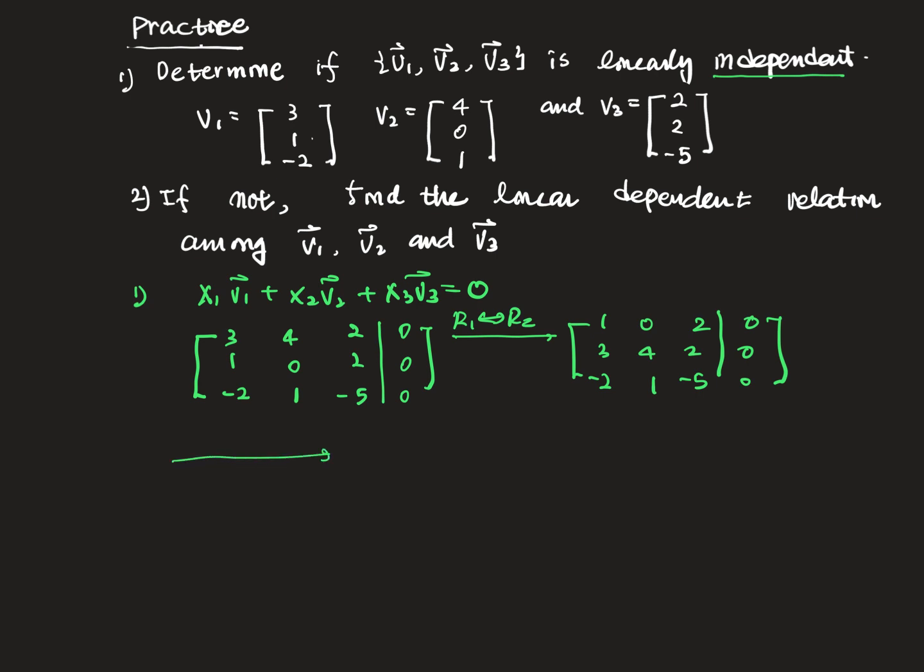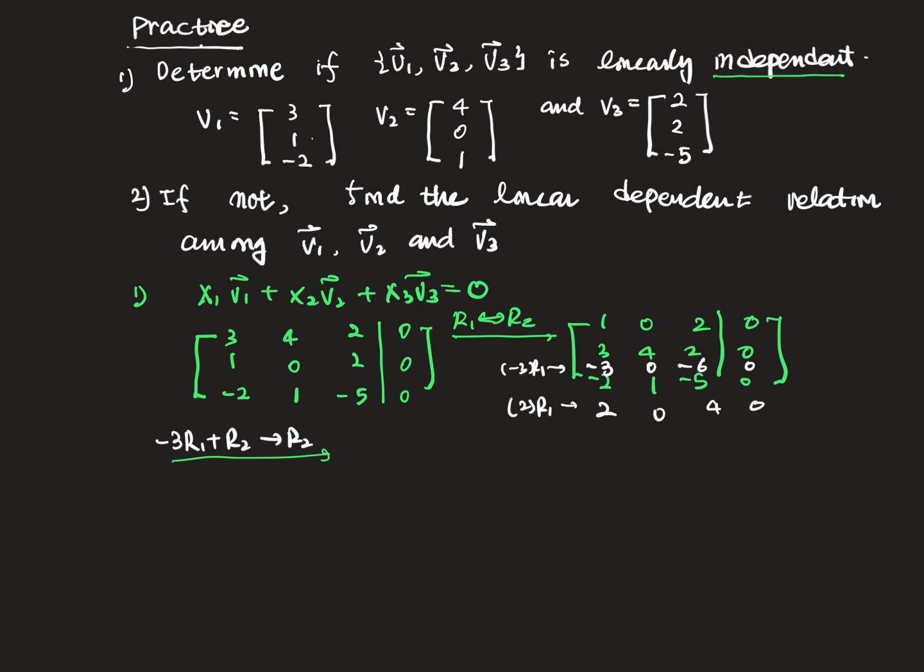So we're going to make the entries below the pivot 0. What you need here is negative 3R1 plus R2 going to R2. So negative 3, 0, negative 6, and 0. For the third row, 2R1 is 2, 0, 4, 0.